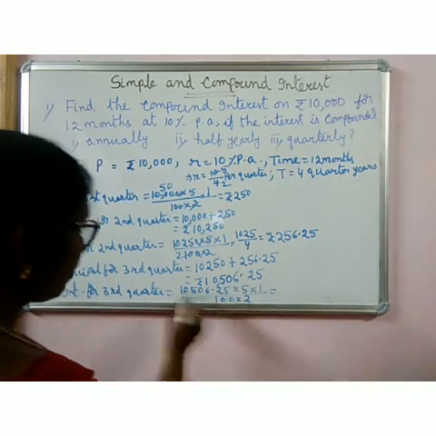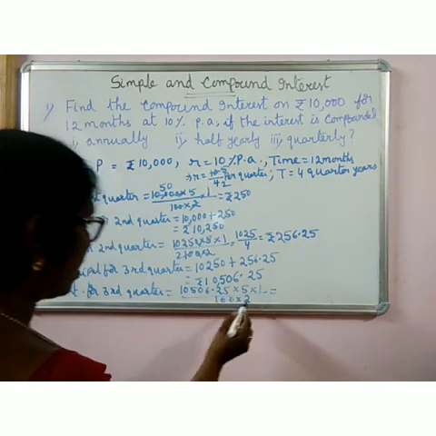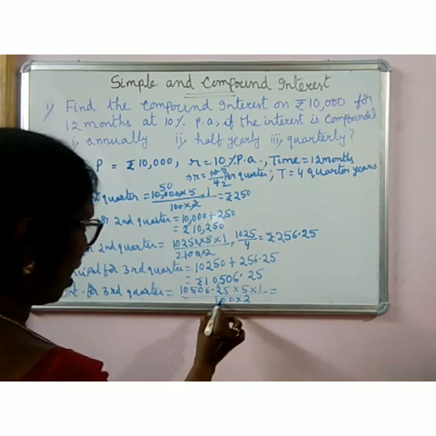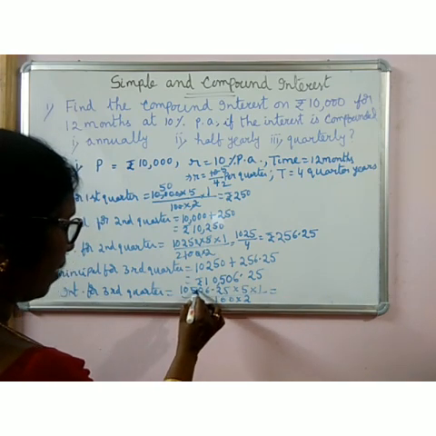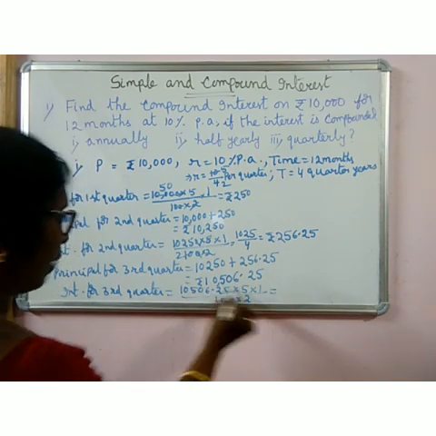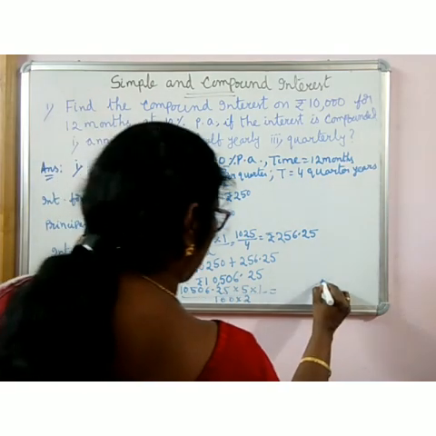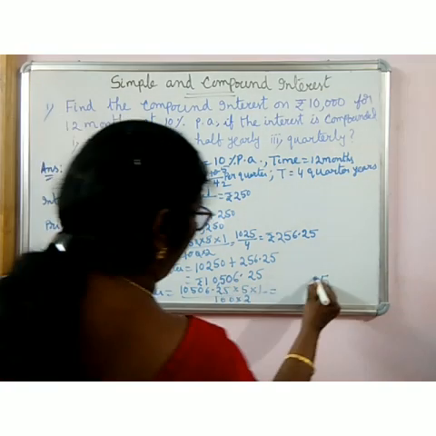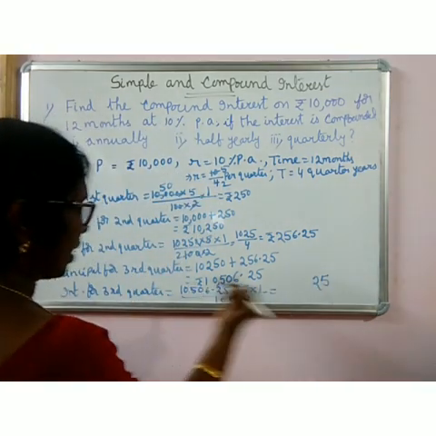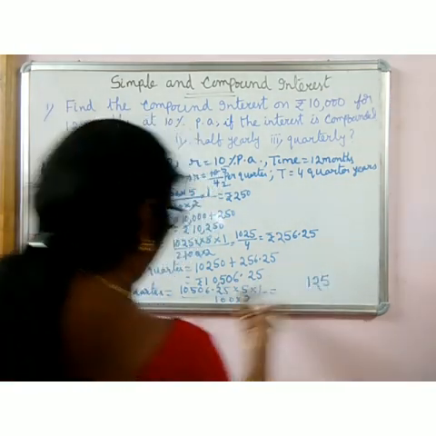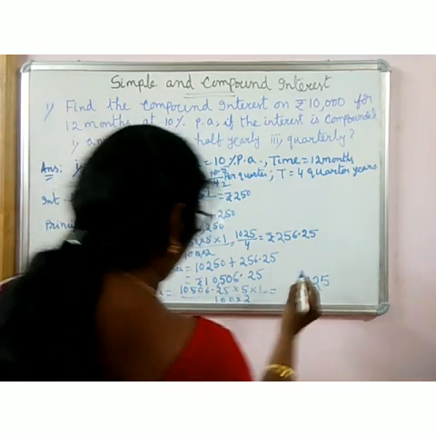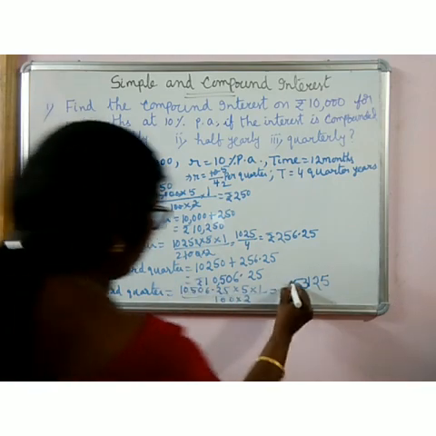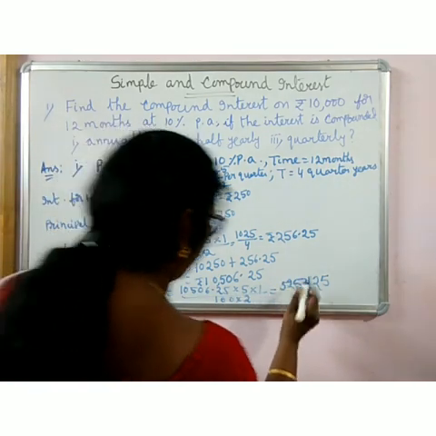Okay, so it is becoming complicated. Only by 2 we will do this. By 100 means the decimal will move 2 places. What I do, let me multiply this by 5. 5 5s are 25, 2 carrying. 5 2s are 10 plus 2 is 12. 5 6s are 30 plus 1 is 31. 5 zeros are 0, 3. 5 5s are 25. 5 zeros are 2. 5 1s are 5.